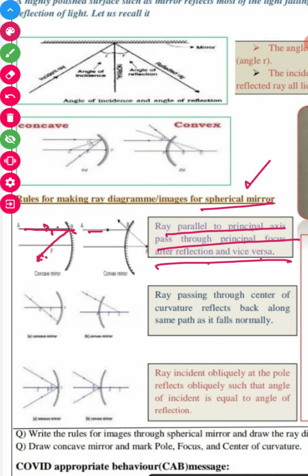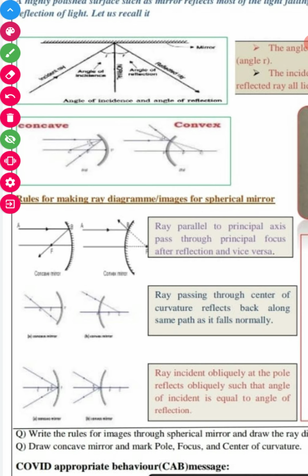The same is the case for this convex mirror. This is the reflecting polished surface. This line is parallel to the principal axis, and after reflecting it goes here, and if we draw it backward, it passes through the focus.